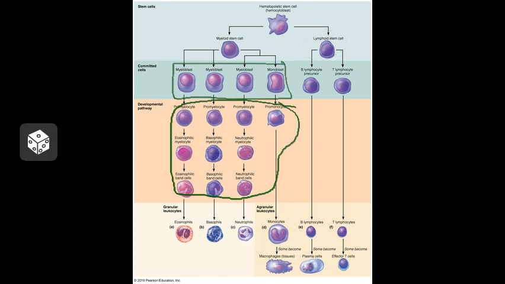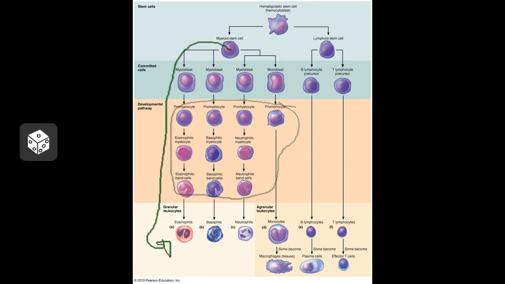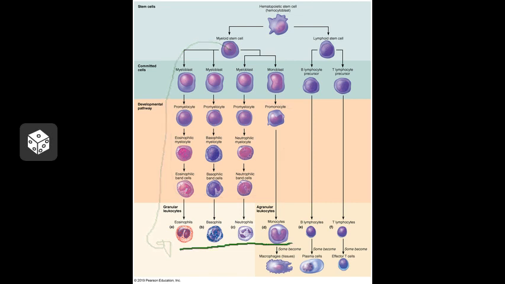What you need to know is the myeloid stem cell is where 4 of the white blood cells come from: eosinophils, basophils, neutrophils, and monocytes, and also where red blood cells come from, which are not included here.